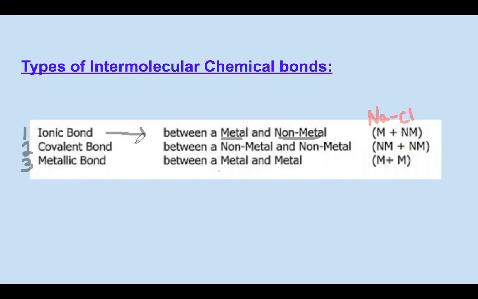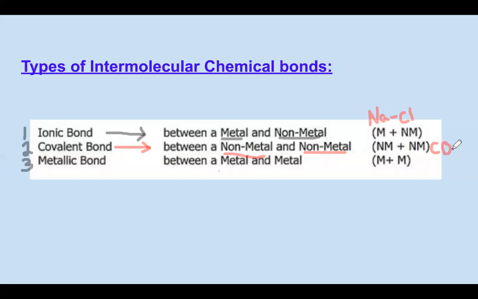Okay, next, covalent bond. A covalent bond is formed between a non-metal and a non-metal, between two non-metals. Let's take an example. Carbon is a non-metal, and oxygen is a non-metal.